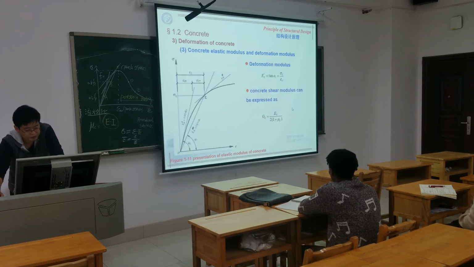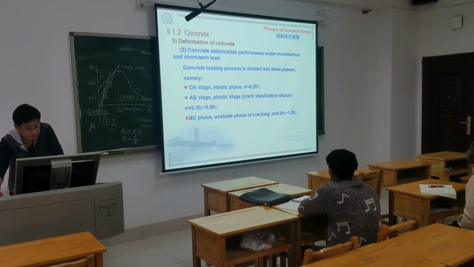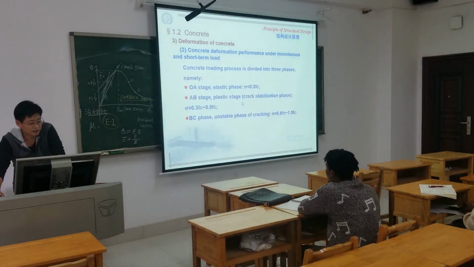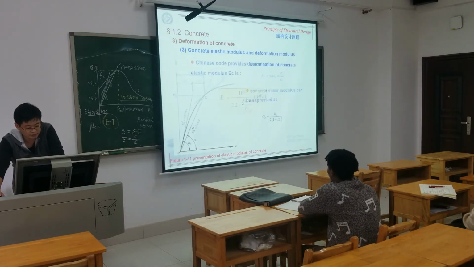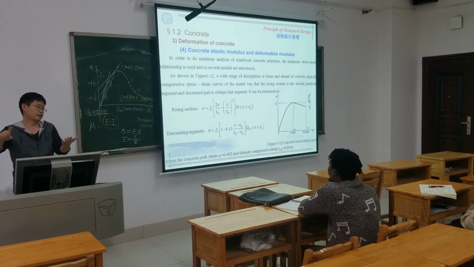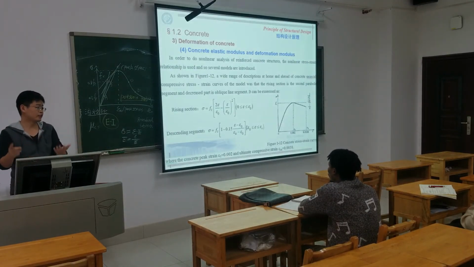Compare with this figure: this is a real curve obtained by experiment, but this one is the curve in some of the codes. They simplified it to make it easy to use.